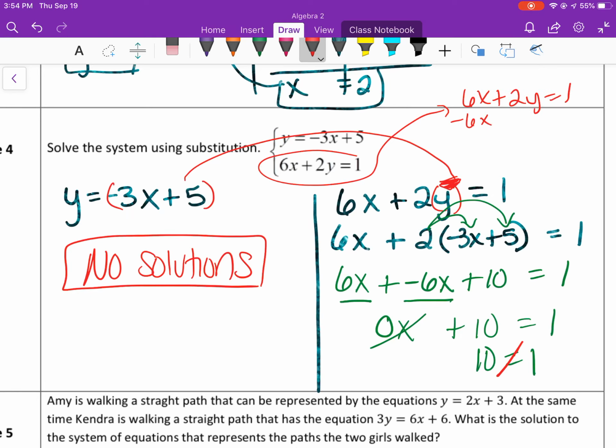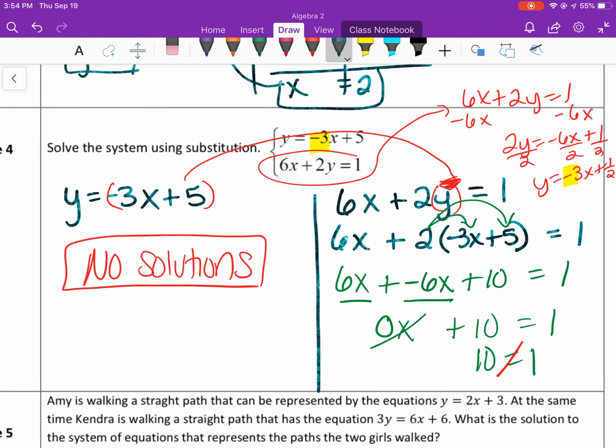If you were to solve this one for y, so 2y equals negative 6x plus 1, you would see that you get y equals negative 3x plus a half. So your slopes are both negative 3 for those. So it's actually parallel lines. So that's why they do not intersect. So they have no solution.